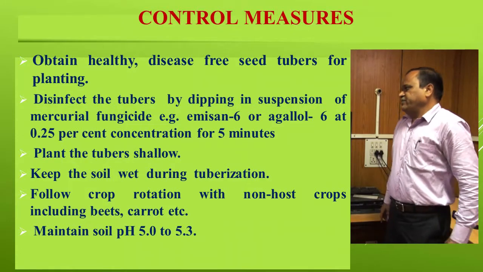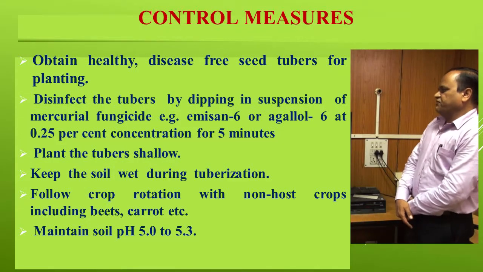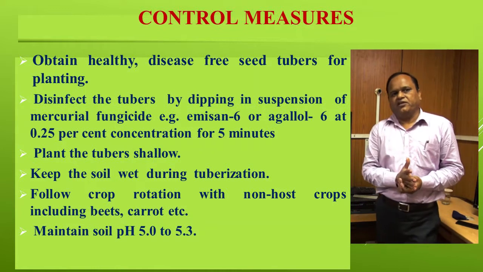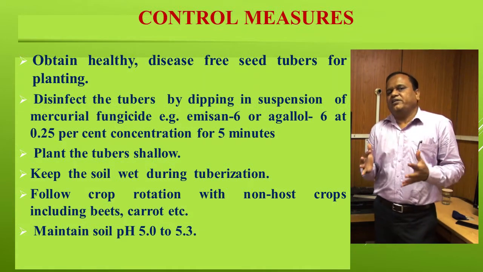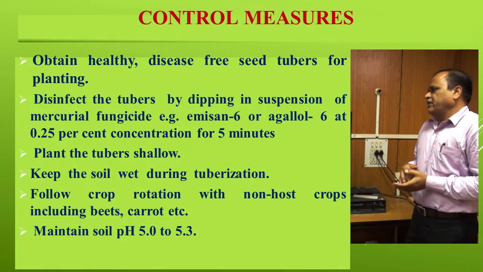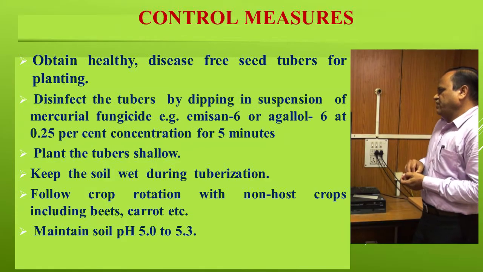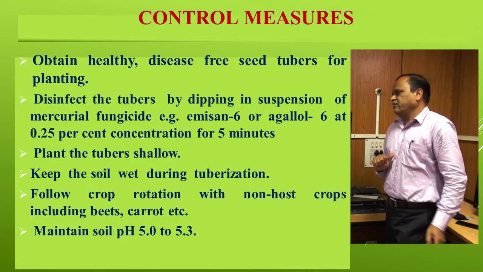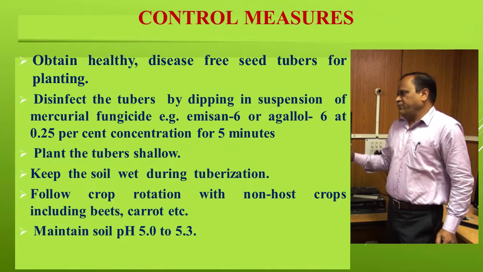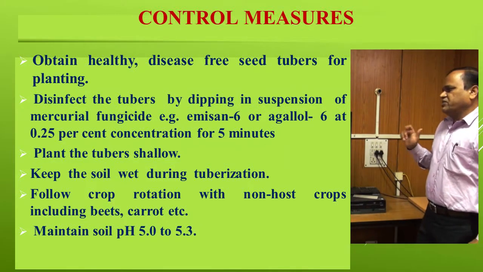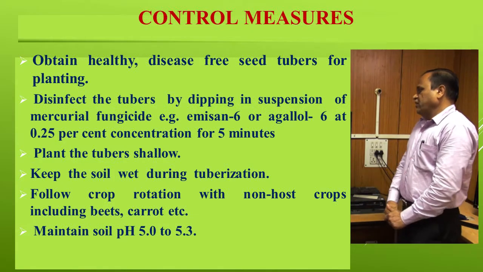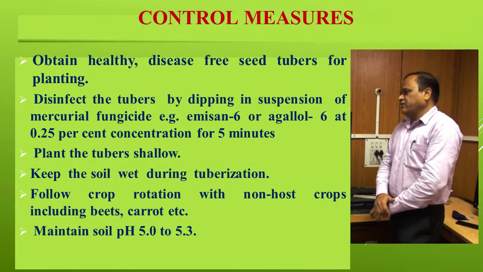Now the control measures. Always obtain healthy, disease-free certified tubers. Disinfect the tubers by dipping in a suspension of a mercurial fungicide, that is Emisan 6 or Agallol 6, at 0.2% concentration for 5 minutes.